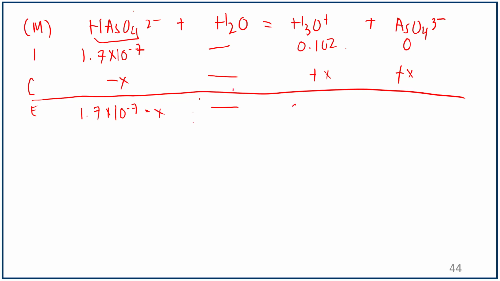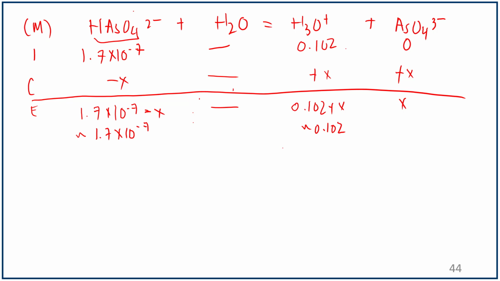This should be 0.102 plus x, and then there should be x. Again, let's make the assumption; this one will not even really use the quadratic formula anyway because of the small numbers. So this is 1.7 times 10 to the negative 7, and this is roughly 0.102.